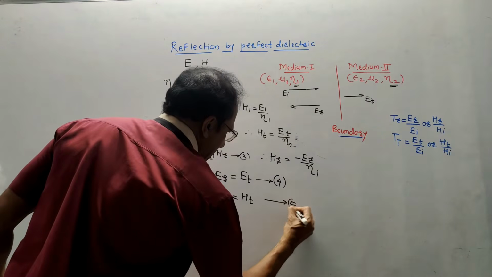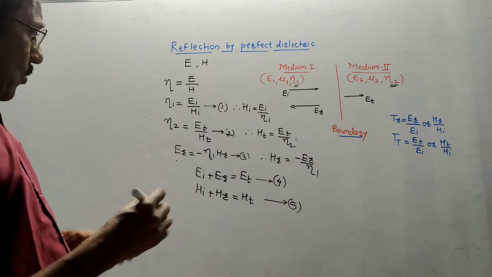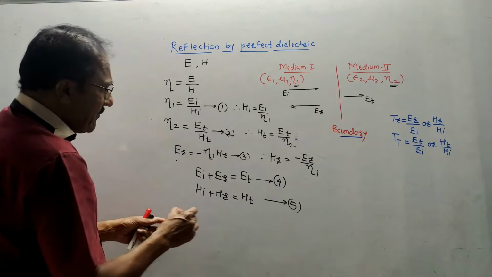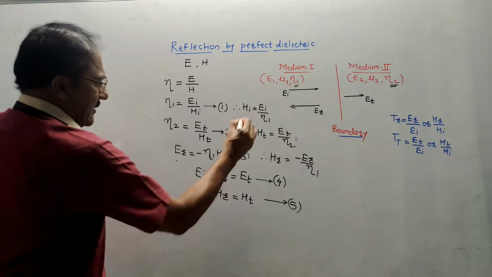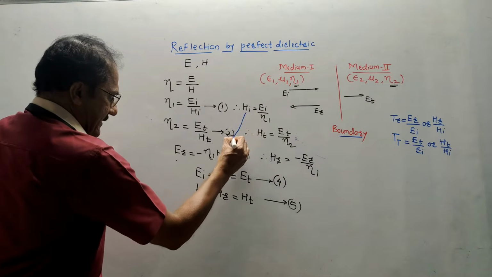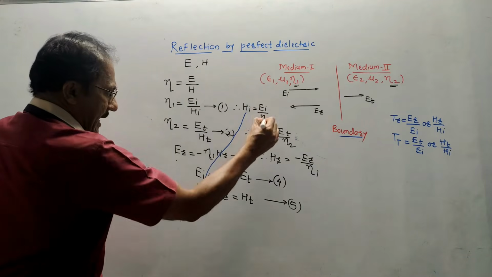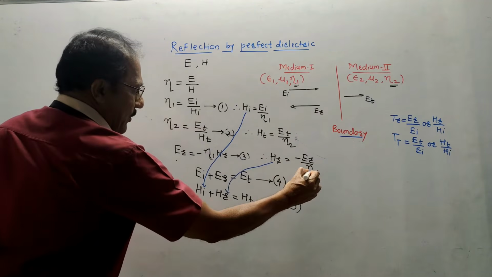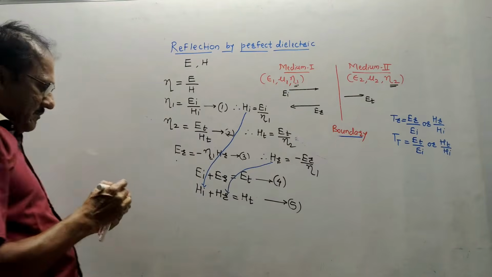Say equation number 5. Now what I am supposed to do, in equation 5, put the value of HI and HR. This we have already discussed. HI is EI upon eta 1. HR is minus ER upon eta 1. Keep HT as it is.